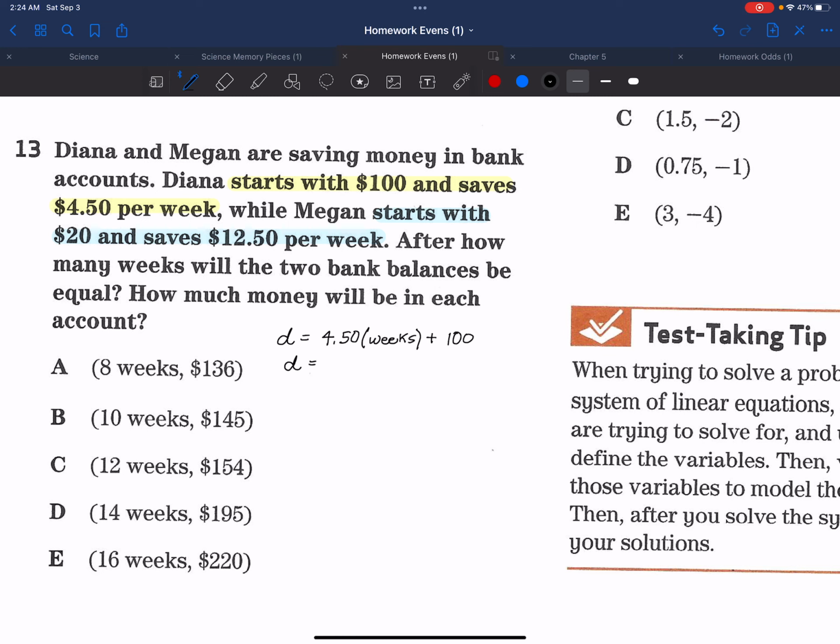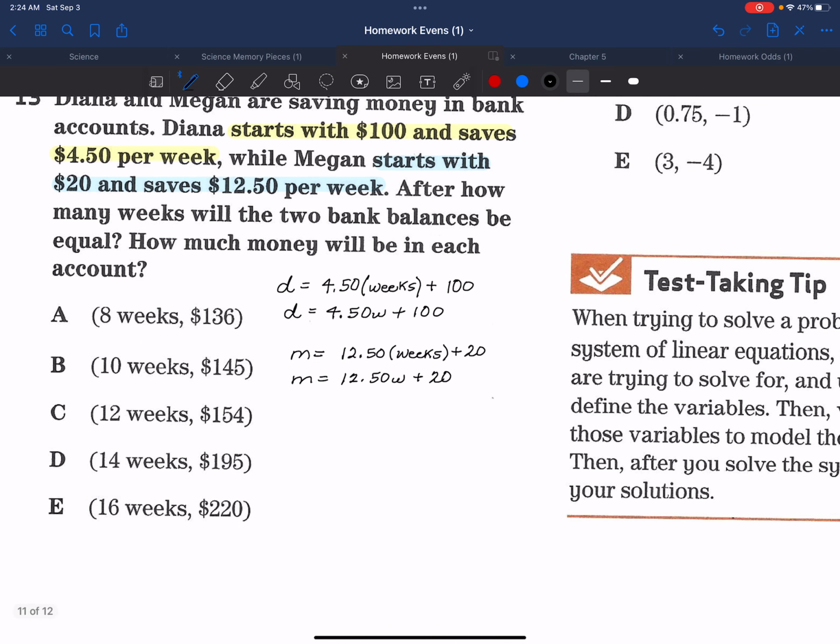So I'm going to say Diana equals 4.50 times weeks plus 100. And then Megan is 12.50 times the number of weeks, and she started with 20. So Megan's amount will be 12.50W plus 20.